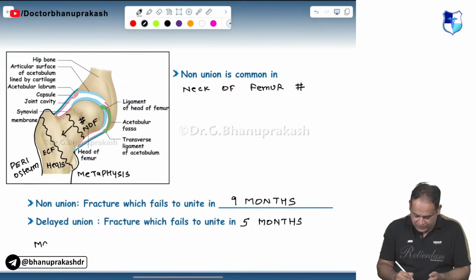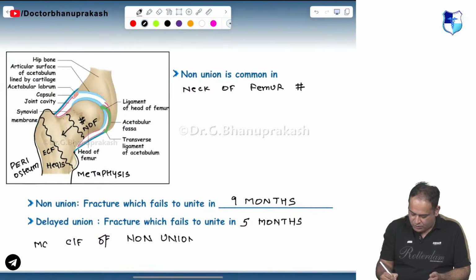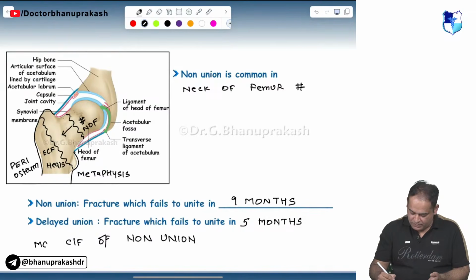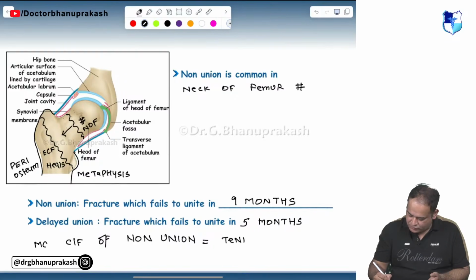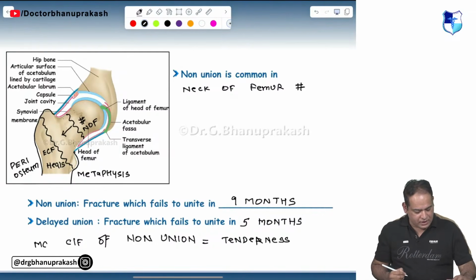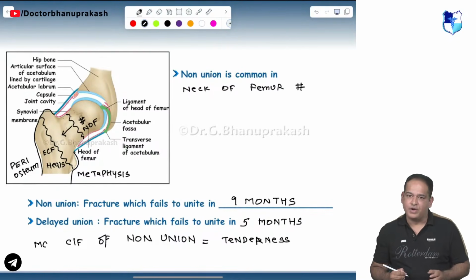They ask you what is the most common clinical feature of non-union. ये question आया हुआ है. This is the PYQ. What is the most common clinical feature of non-union? That is tenderness. Tenderness is the most common clinical feature of non-union.